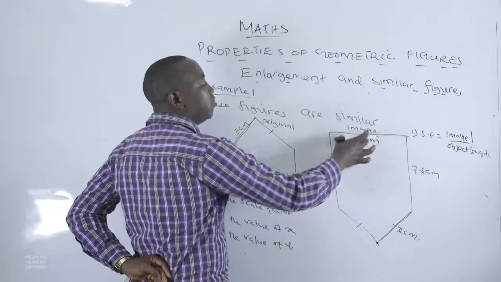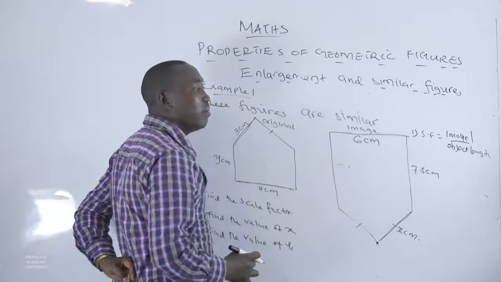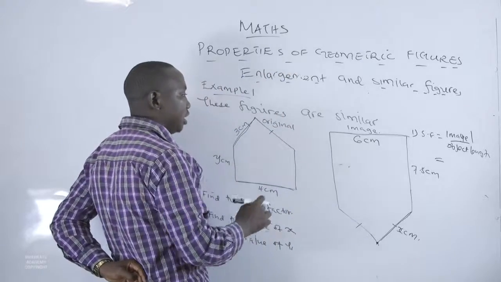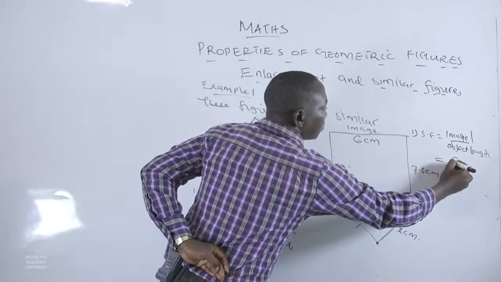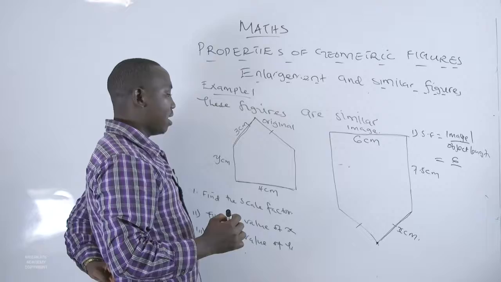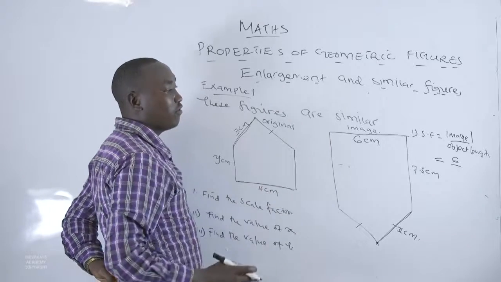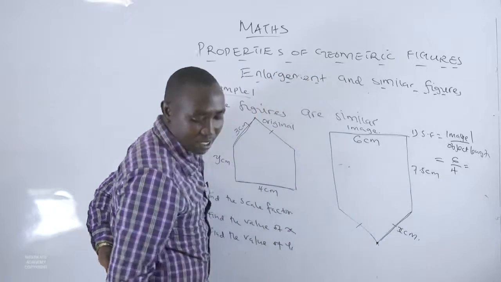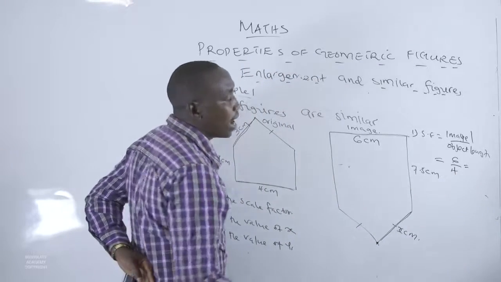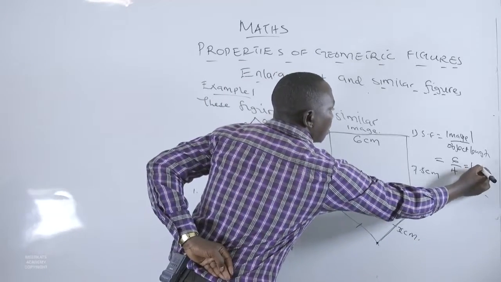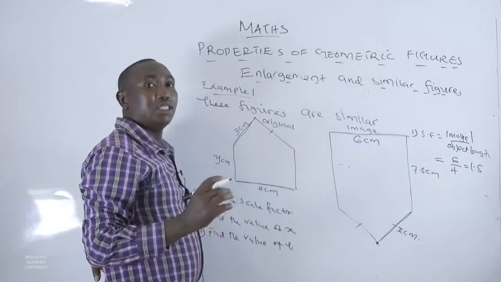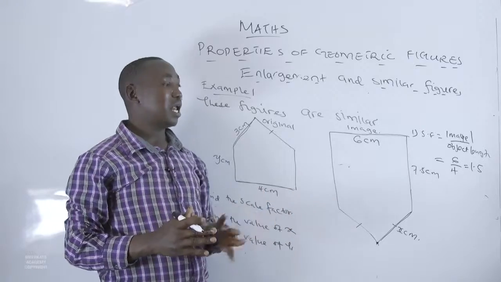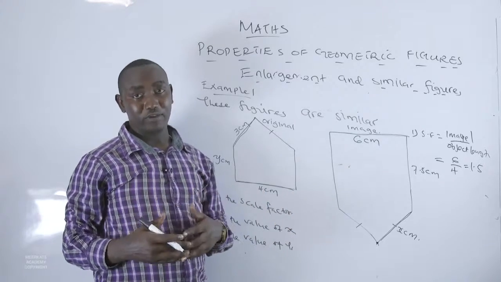So let us use this because all of them have measurements. In this case, the length of the image is going to be 6 units. We divide it by the length of the object, which is 4, and this results in 1.5.